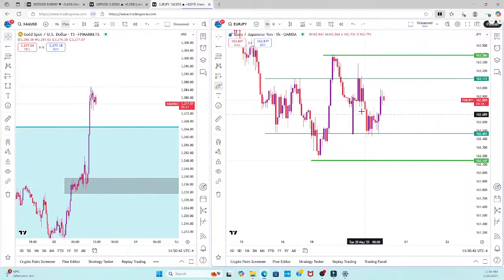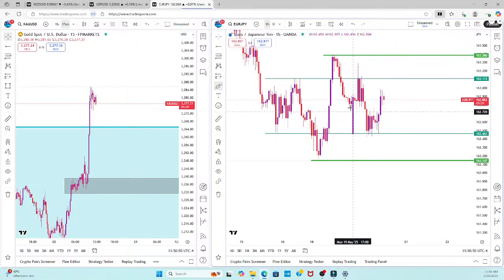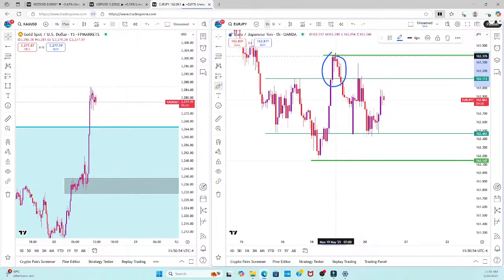But right now, what is looking more favorable is the buy. Because the price broke this lower high here, there's a possibility it's going to go up. So I want to be on the buy side for now.